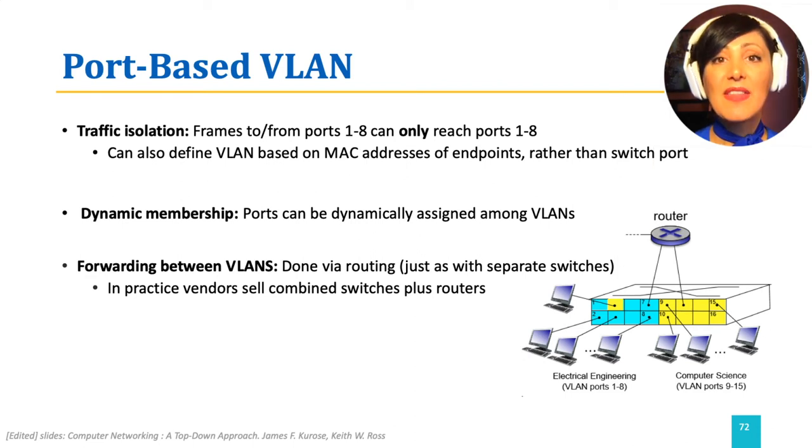This means that layer 3 forwarding is required at the connection point of the LANs. That is why the VLAN-enabled switches provide basic routing functionalities to be able to process up to layer 3 so that they can forward datagrams among their port-based VLANs.